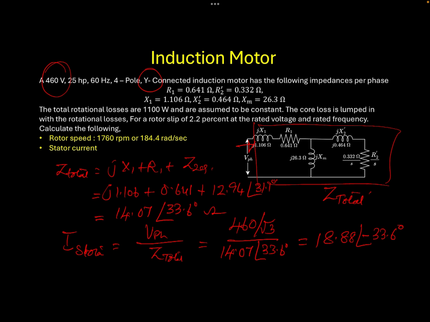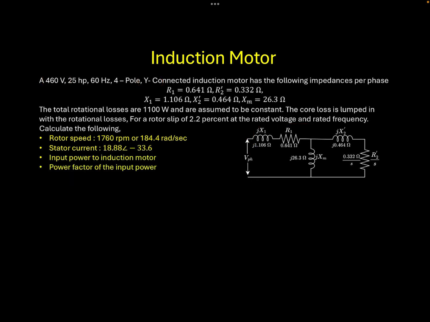Once you know the value of the stator current, then you can calculate the value of the input power, that is P input, that is given to the induction motor, and also the power factor of the input power.